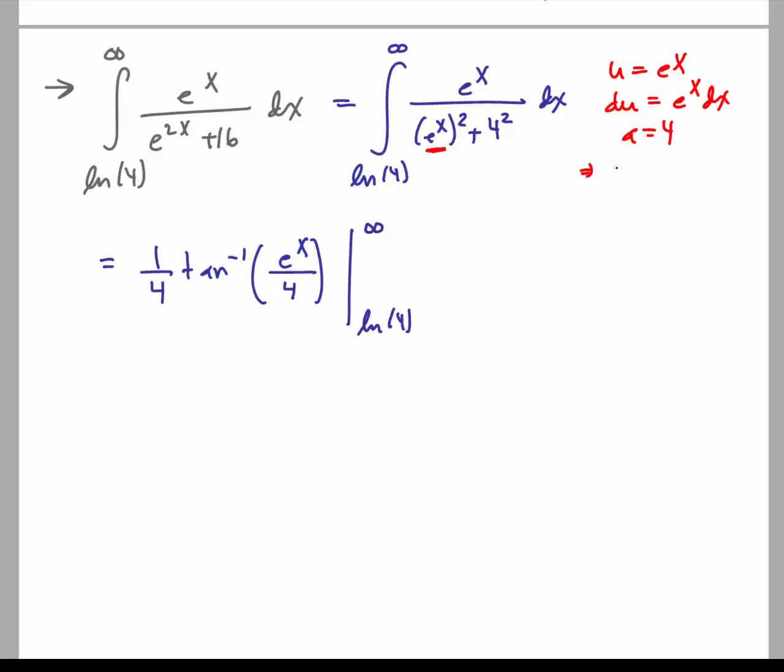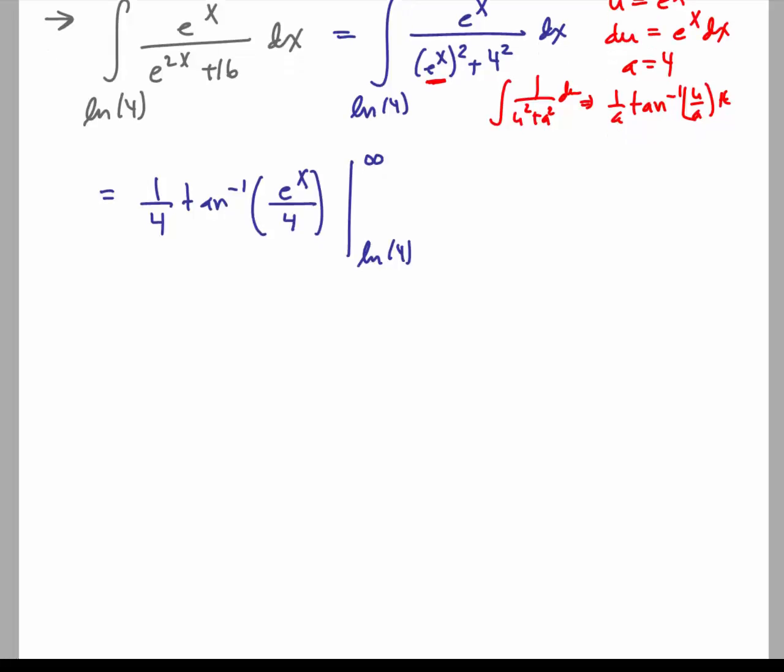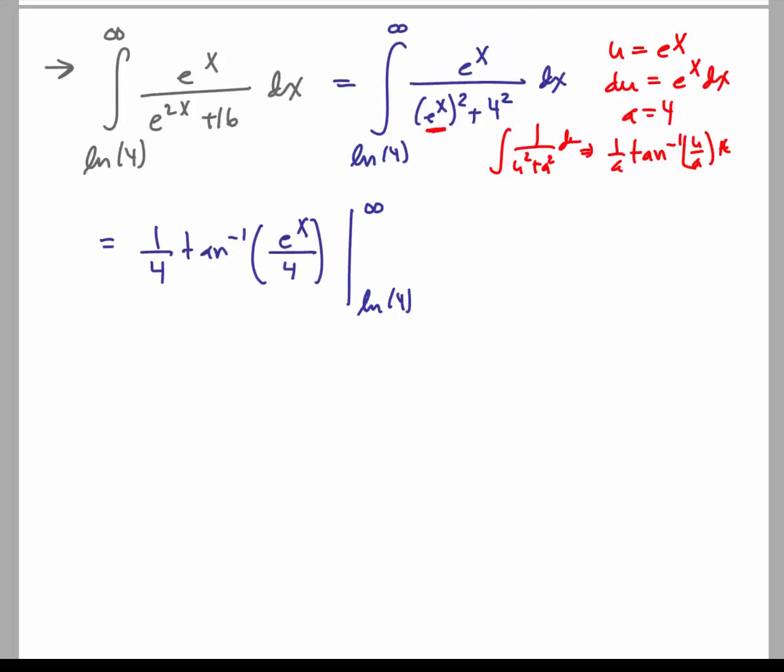So the integral of 1 over u squared plus a squared du fits that form. That's a good one to know. I'd have those three, the inverse tan, inverse secant, and inverse sine, on your note card for the exam.